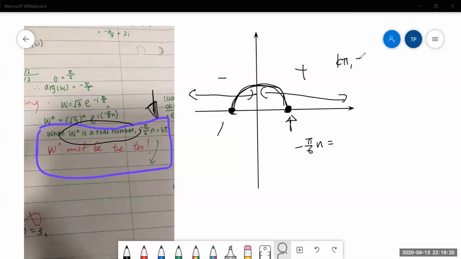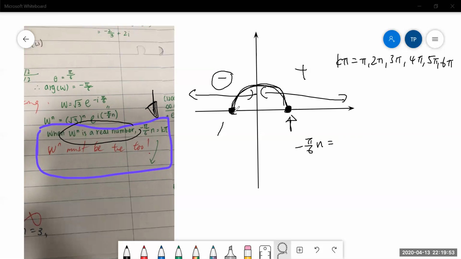Because k pi can be pi, can be 2 pi, 3 pi, 4 pi, 5 pi, 6 pi, and so on. So when k is 1, we end up here, right? Correct. And over here is a negative region, so our x values are in a negative region.